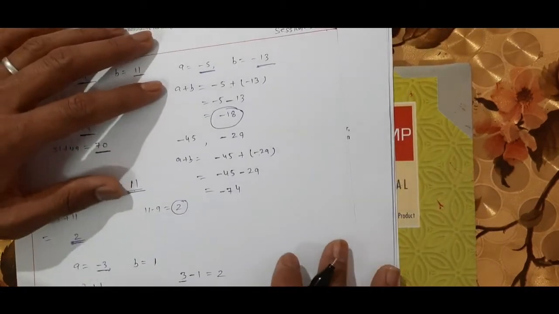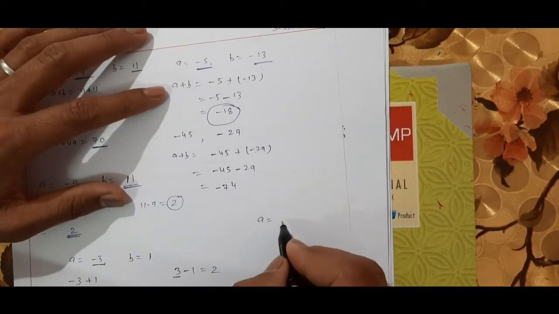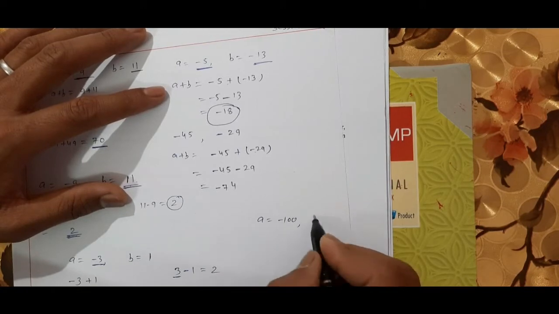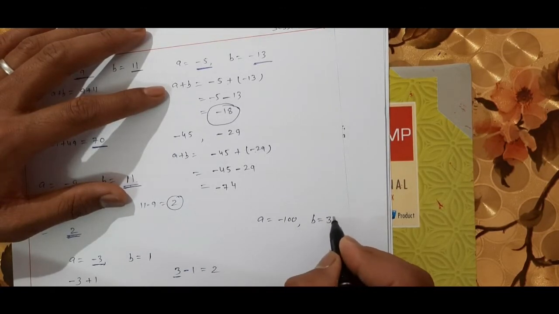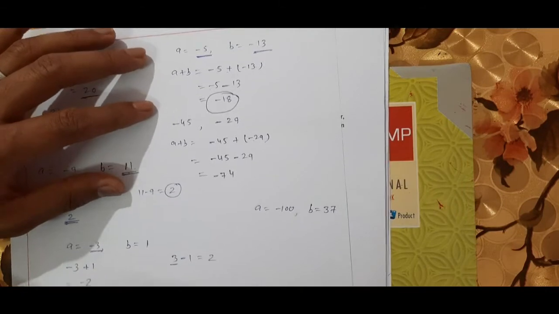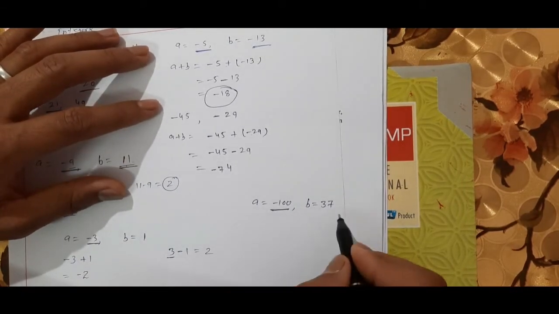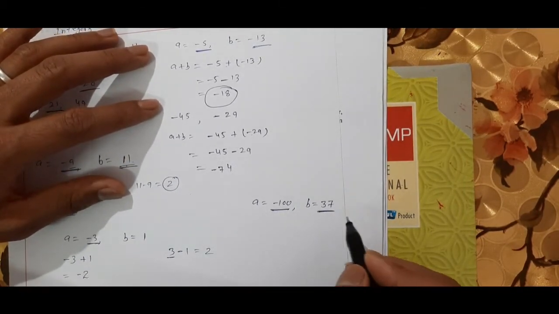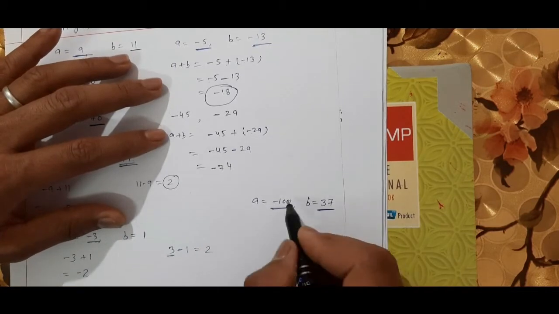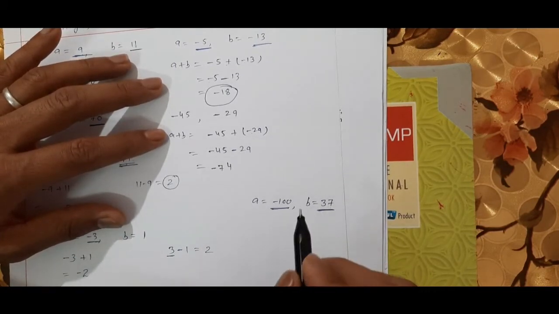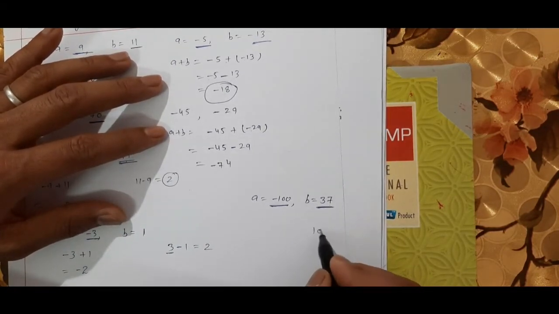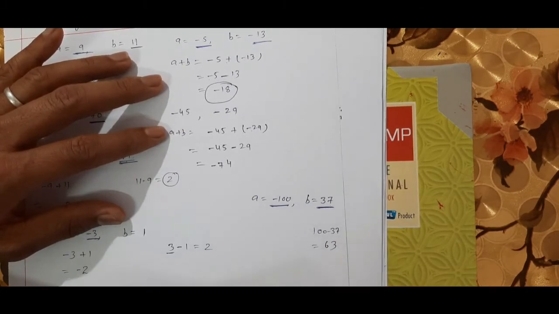For another example, a equal to minus 100 and b equal to 37. We have two integers, minus 100 and plus 37. Which number is greater, 100 or 37? 100. Then 100 minus 37 is 63.